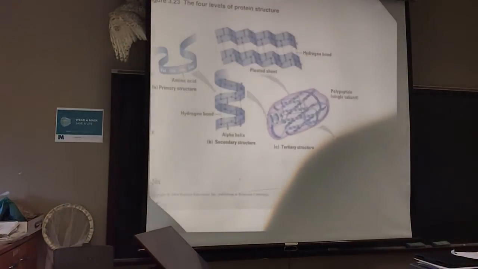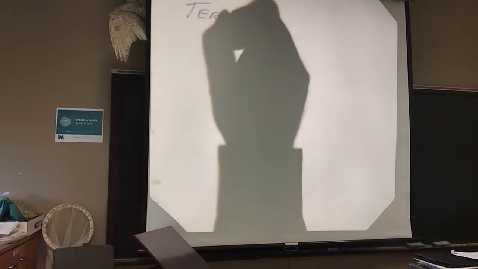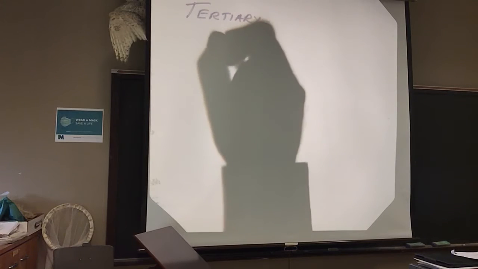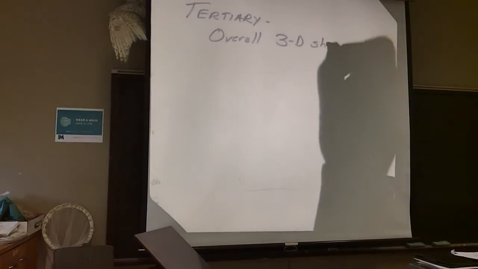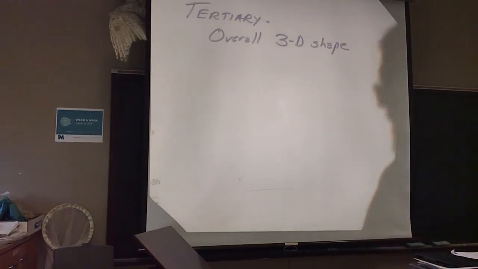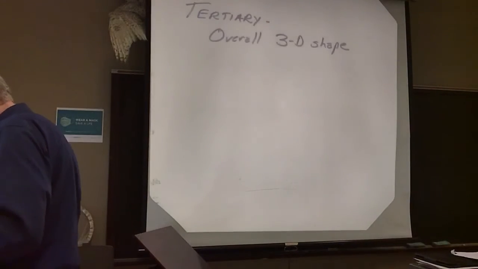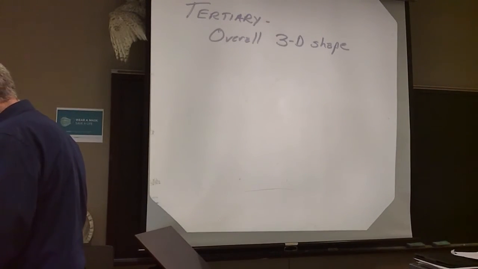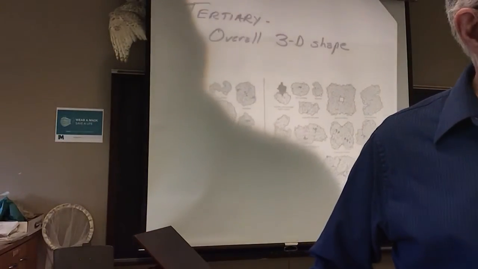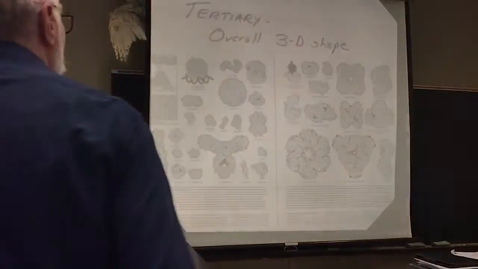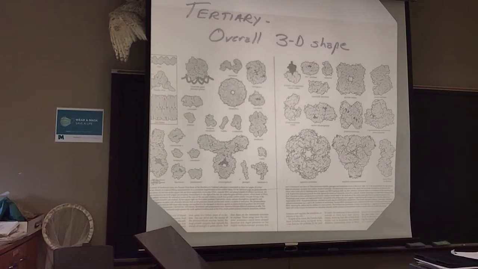Now we are at tertiary structure. Overall, you get a 3D shape. Here's a bunch of different proteins, and they can be represented as bumpy blobs.